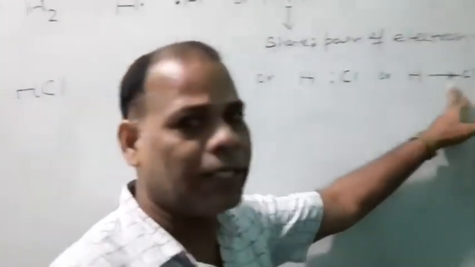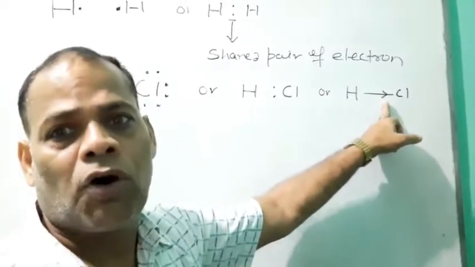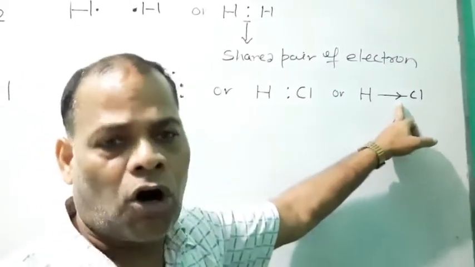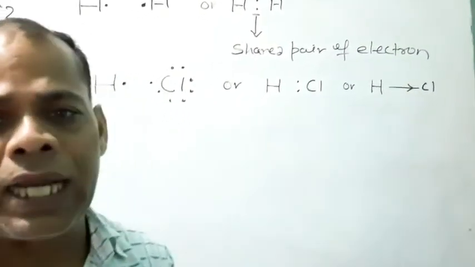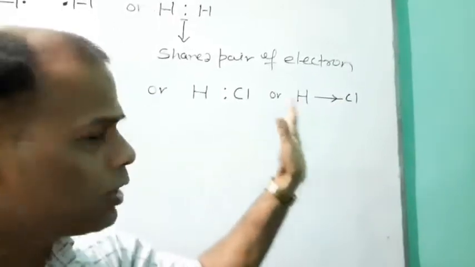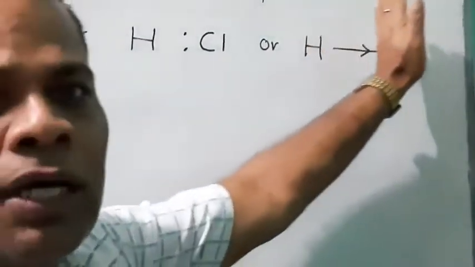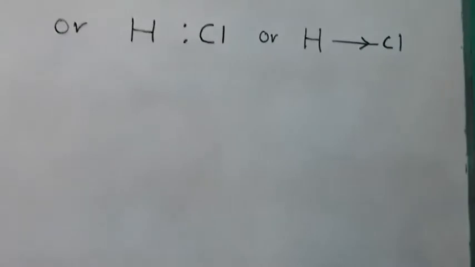So the shared pair electron is shifting towards the chlorine atom. It means away from the hydrogen atom and closer to the chlorine atom.